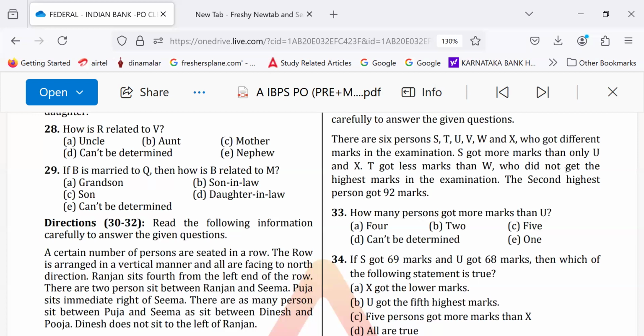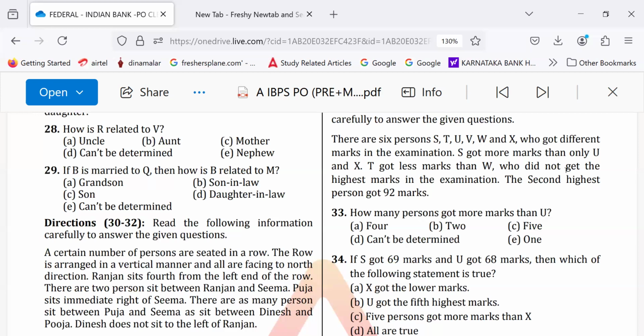The second highest person got 92 marks. This much only is given. The question is, how many persons got more marks than you?